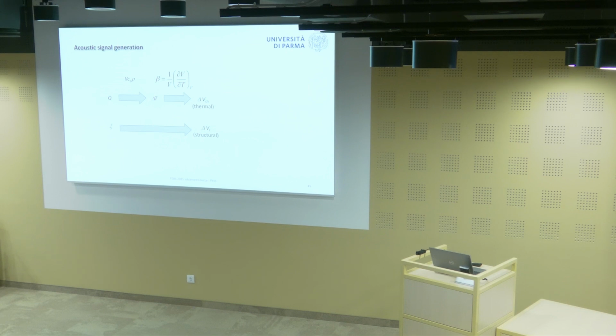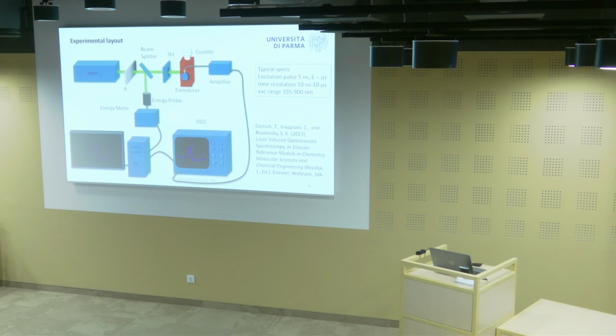So they generate the volume change directly without going through the steps in the first line. And both, through the isothermal compressibility, generate pressure changes. And if you have a microphone able to detect the pressure changes, you can measure the pressure change induced by light absorption.